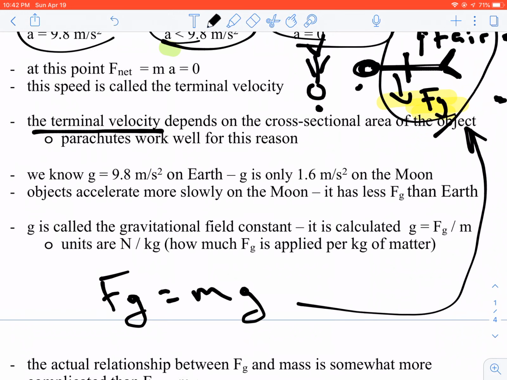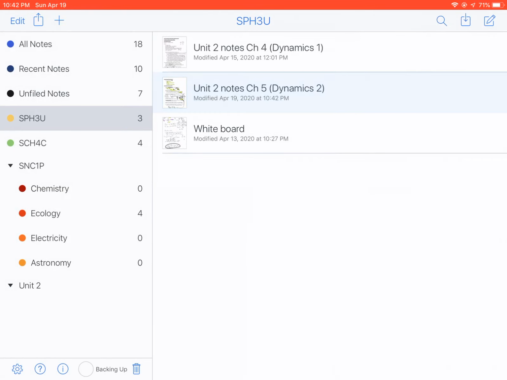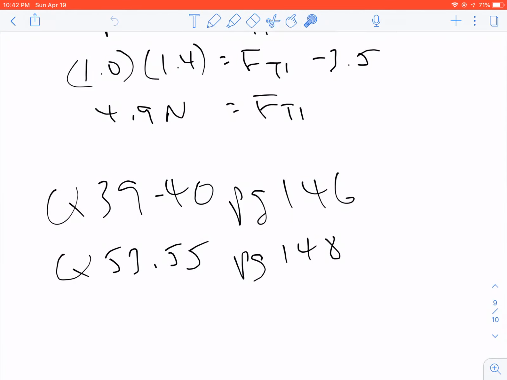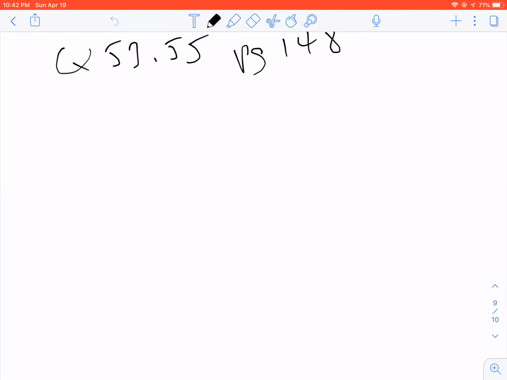Now, little g is also called the gravitational field constant, because if I look at what little g is telling me, if I take this formula here, let me just go to my whiteboard. If I know that Fg is equal to m times little g, then what is little g?